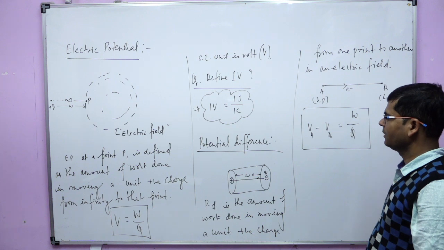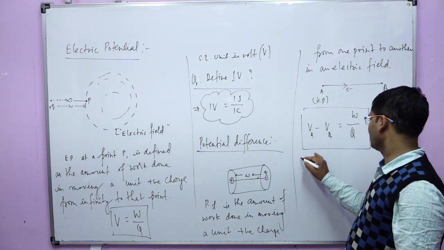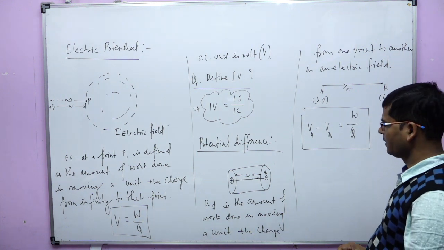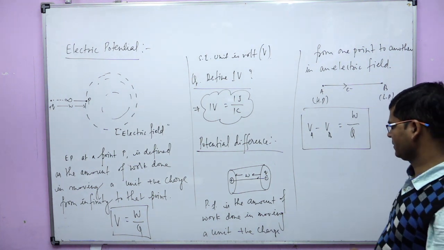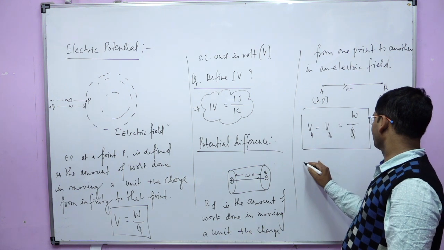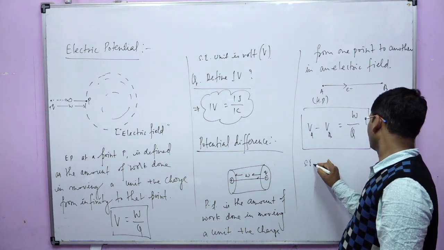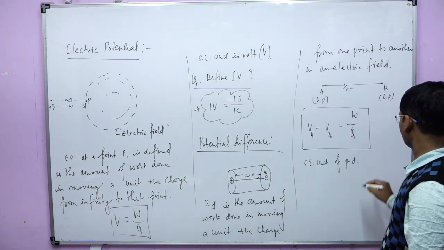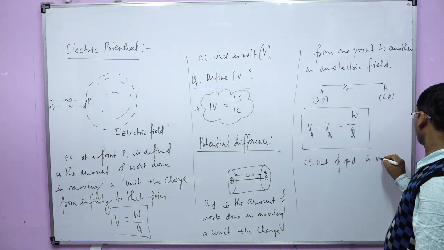Okay. Now, we should know how you will calculate potential difference. The SI unit of potential difference is volt.